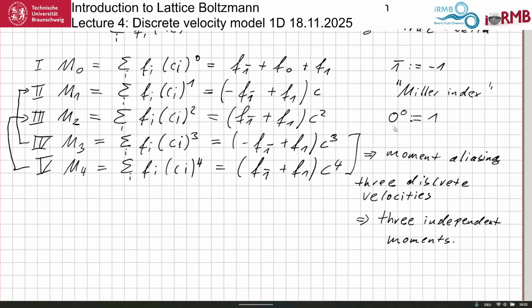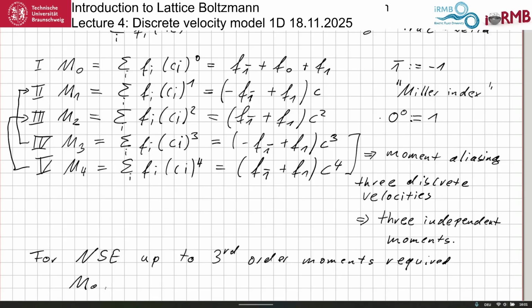So, a little problem, because as we discussed, for our Navier-Stokes equation, moments up to third order are required, and they are not independent. These are M0, M1, M2, and M3, so there are 4 of them.